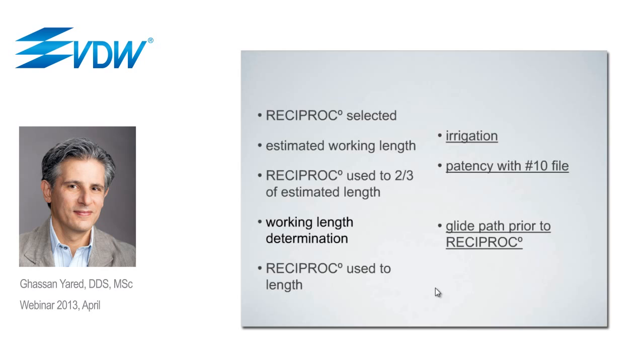But if after creating the glide path, for example, to a size 15 file, the number 15 file does not go to length unless it is pre-curved, then I know that this is a case where I should not use the R25 to the working length. This is a case that has to be finished with hand files. And this is what we also would do in case we are using rotary instruments.